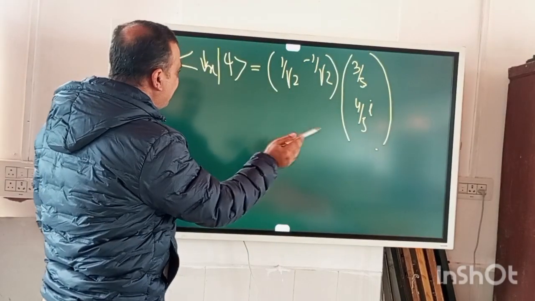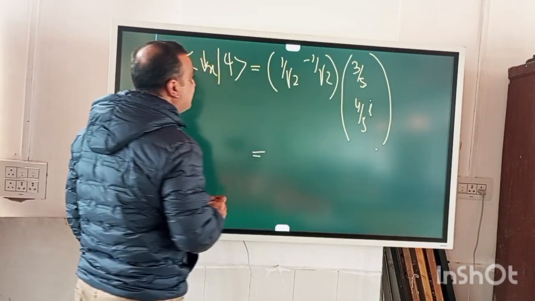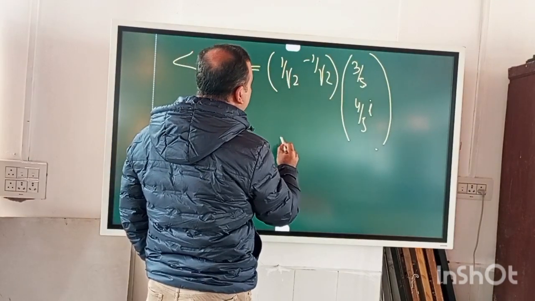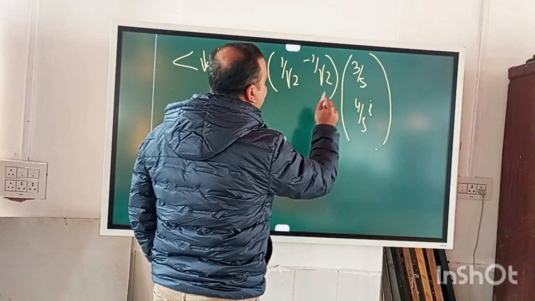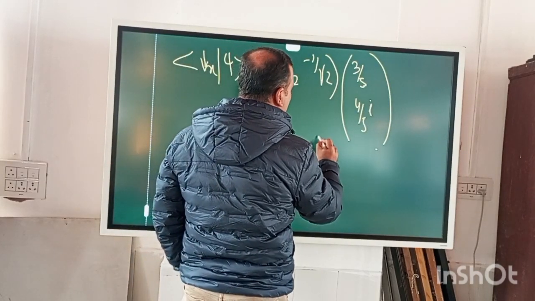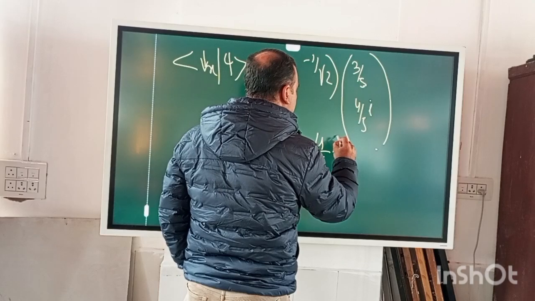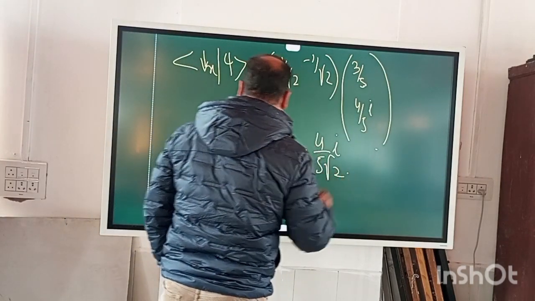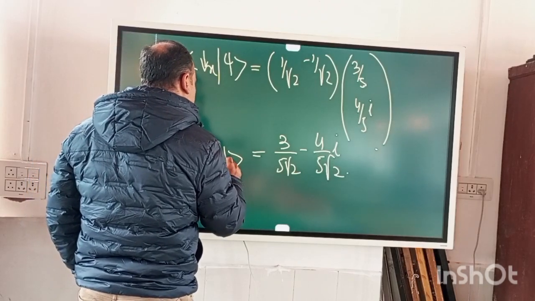So let's take the inner product between the spin down along x and this state psi. What I'll get is 3 by 5 root 2, and then minus 4i by 5 root 2. So this is my spin down along x with psi.